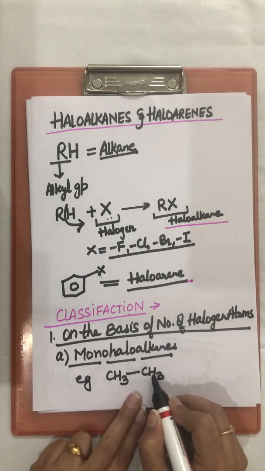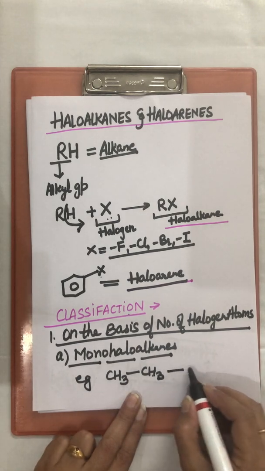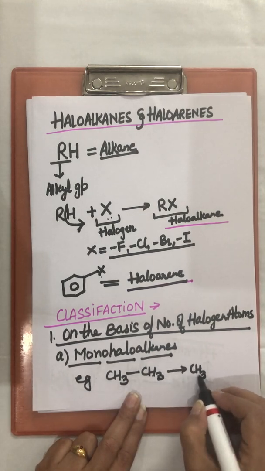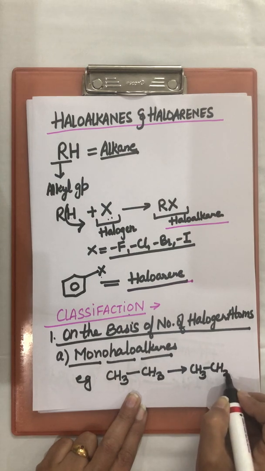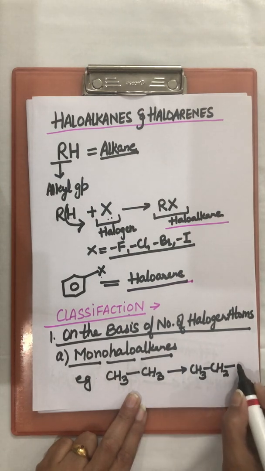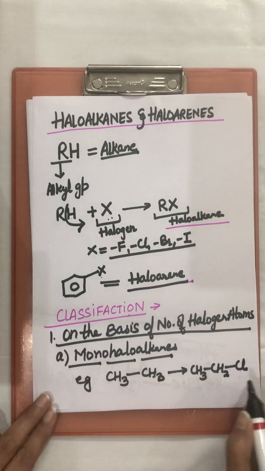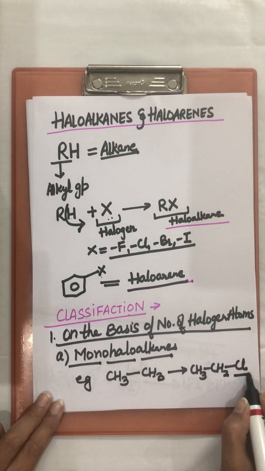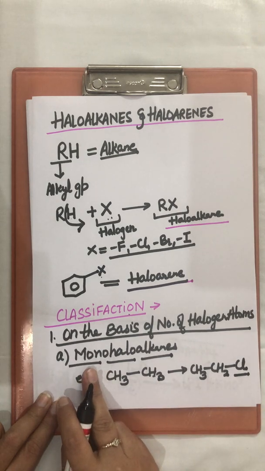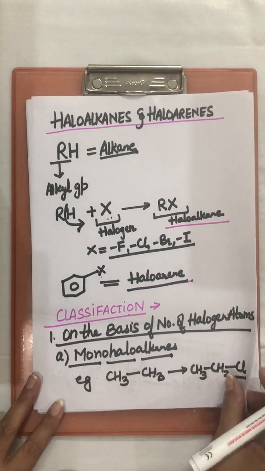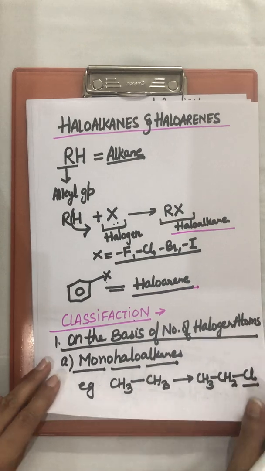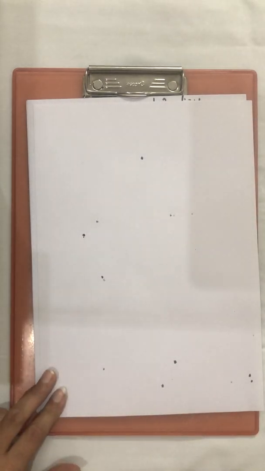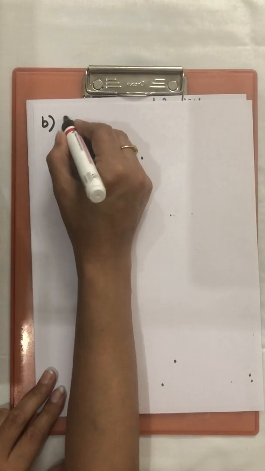One hydrogen atom from here we remove, and what we get is CH3CH2, and in place of that hydrogen atom, I put a halogen Cl. So only one halogen atom is here. That is why this is called monohaloalkane.